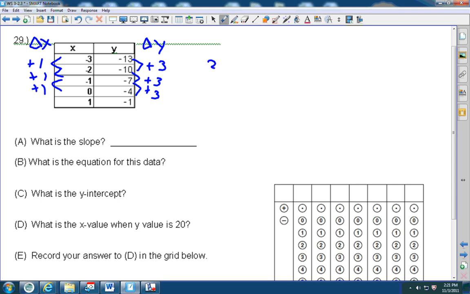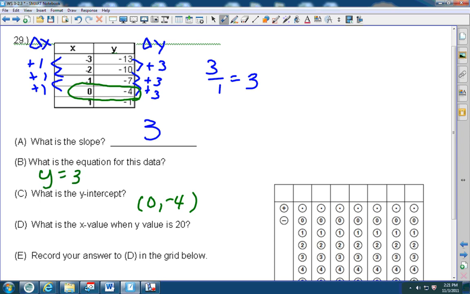I have 3 over 1. That is 3. That's my slope. Now my y-intercept, if you saw it in here, you could circle this right here. There's my y-intercept, 0, negative 4. So my equation is y equals 3x minus 4.